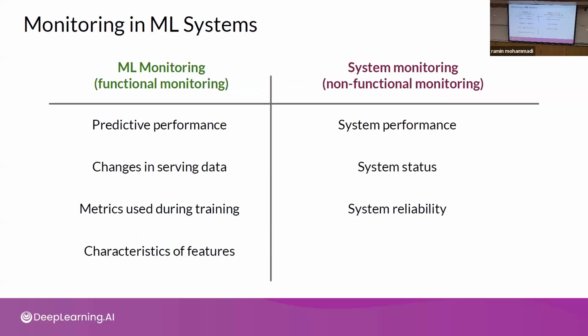Now, when you monitor in your pipeline, in your product, you have two types of monitoring. ML monitoring, anything that's functional around your model and your data pipeline. And then you have system monitoring. These are two different things. Most of the time, system monitoring comes out of the box based on where you are serving it.